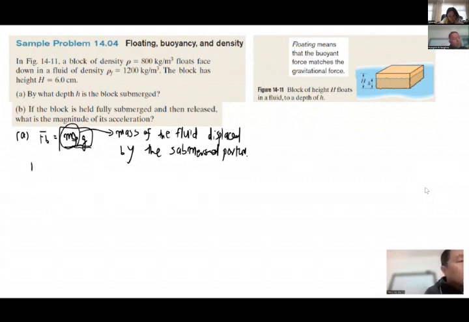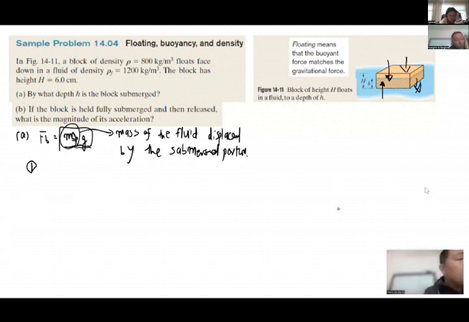So first, floating requires that the upward buoyant force on the block match the downward gravitational force on the block. If the buoyant force is upward and the gravitational force is downward, and these two forces are balanced, then the block floats on this fluid.